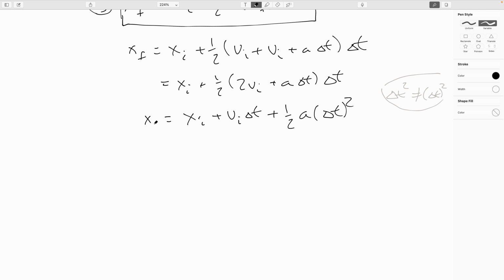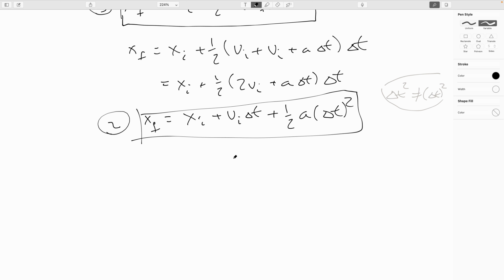Now that I have my equation number 2 here, following on that thought, we'll first need to rearrange my equation 1 to get in terms of delta t. So I'm just going to rewrite equation 1 here real quick. V final equals V initial plus A delta t. I need to rearrange that. A delta t is V final minus V initial, or delta t is V final minus V initial over A.